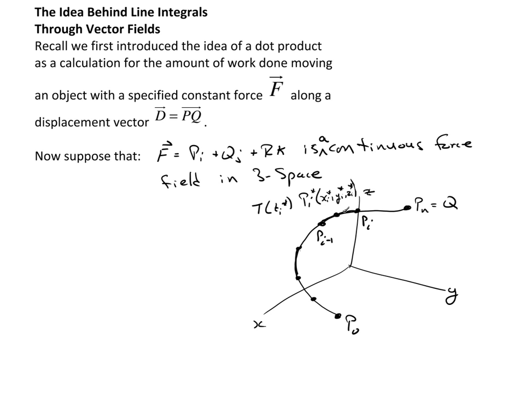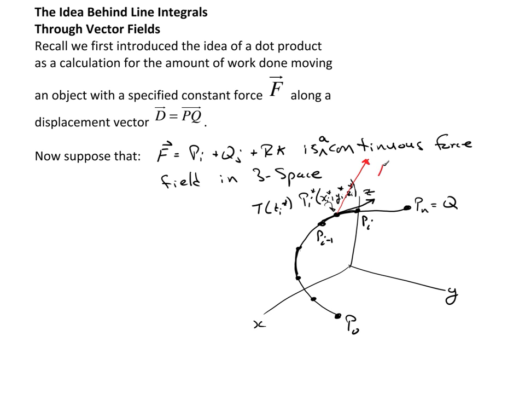So it's just some arbitrary point somewhere between the point Pi and point Pi minus 1. And this tangent vector here is going to be tangent to that point. Now let's say that my force field at this point looks like this.